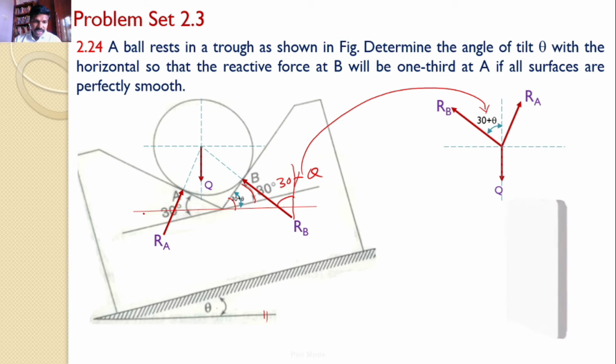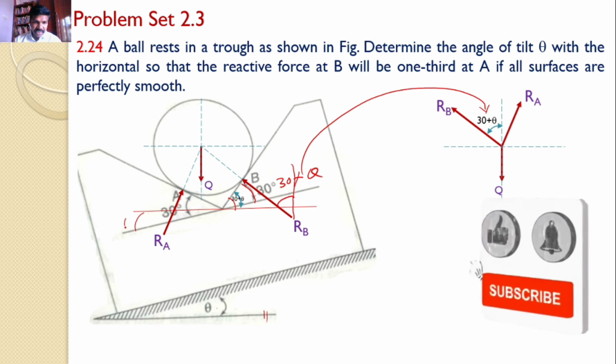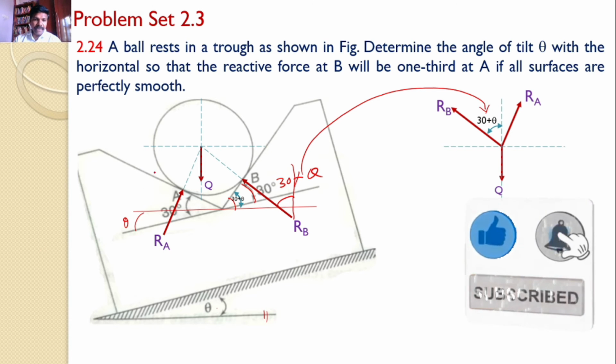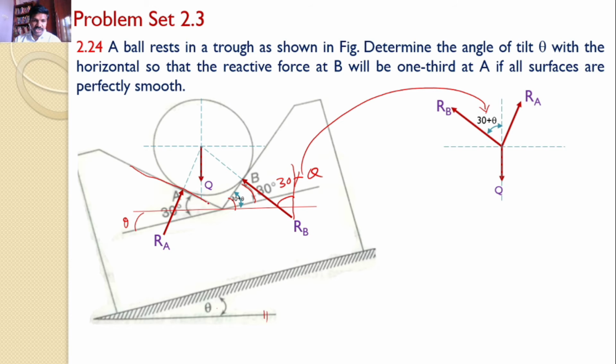But already we know that this surface makes an angle theta. That means this surface makes an angle of 30 minus theta with the horizontal. That means this RA makes the same 30 minus theta with the vertical. So this will be represented like this, 30 minus theta.